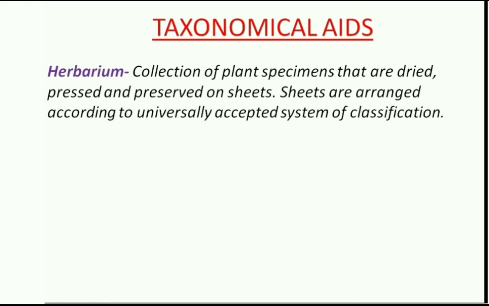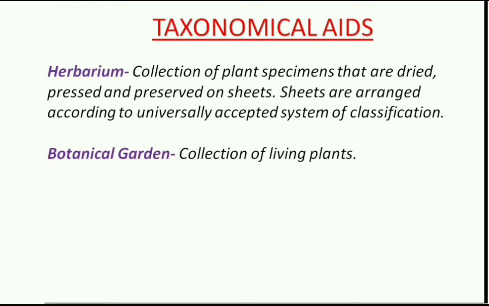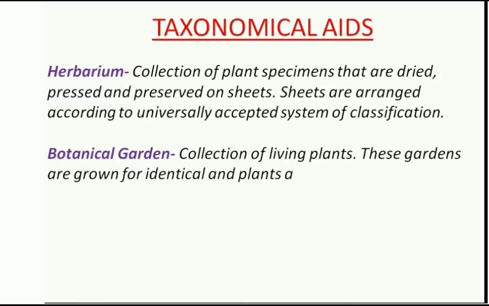The second aid is the botanical garden. Garden you all know, children, where we find different varieties of plants. But how is the botanical garden different? It is different in the sense that here some plants are grown purposely, sometimes to keep or preserve some rare varieties of plants also.